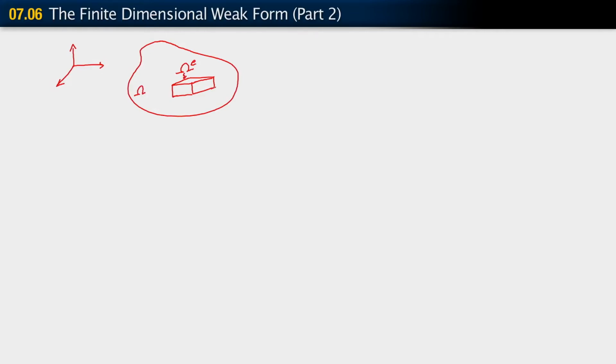Now, in order to proceed with our finite element formulation, let's pull this element out of there. Let's examine it more closely. So that is our subdomain, this is omega e.